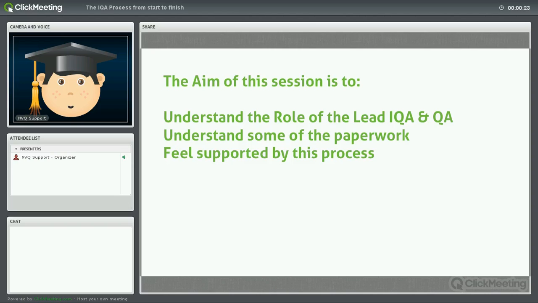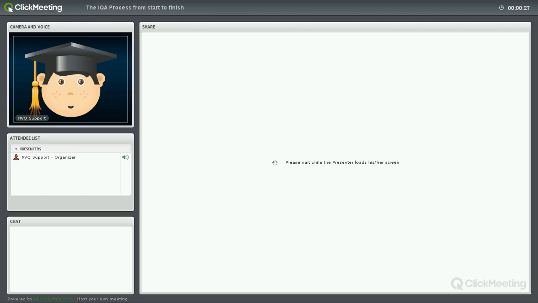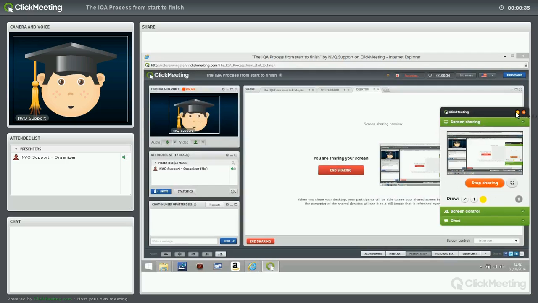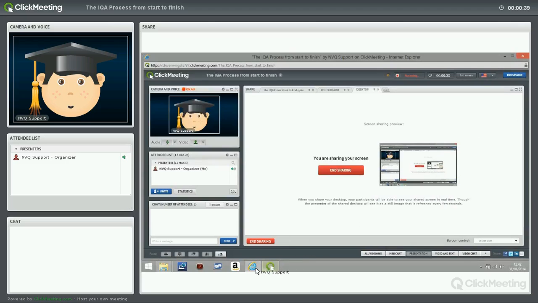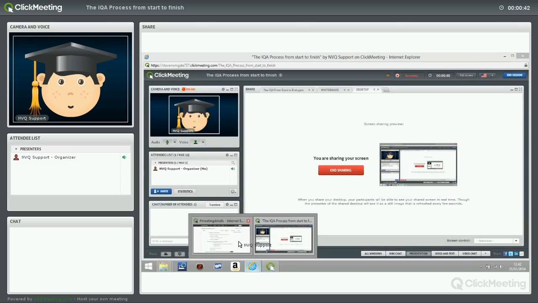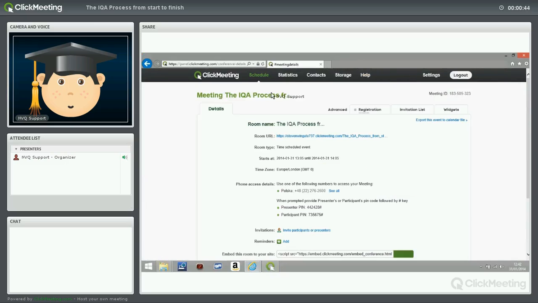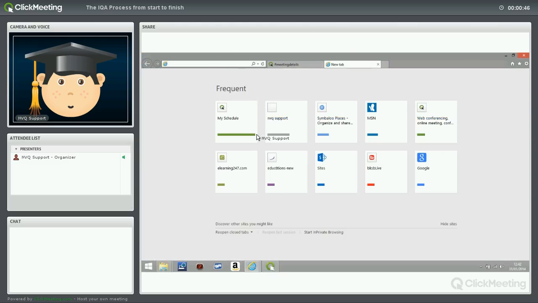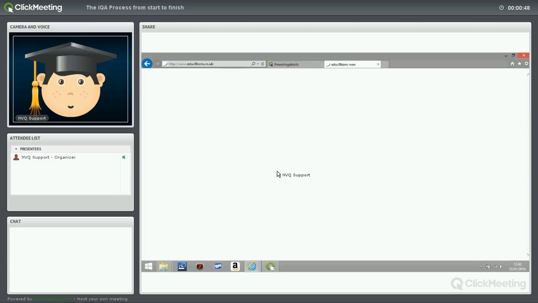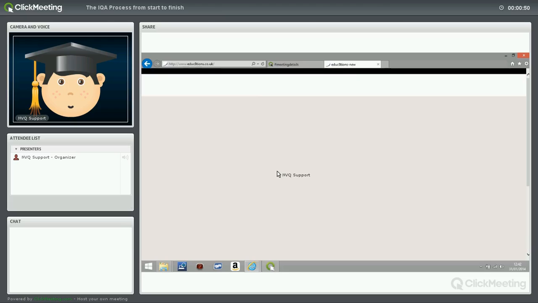Now, a lead IQA is an internal quality assurance manager. They report directly to a board of directors, and they're there to ensure that we are all achieving the work in line with funding guidelines and with awarding body guidelines.